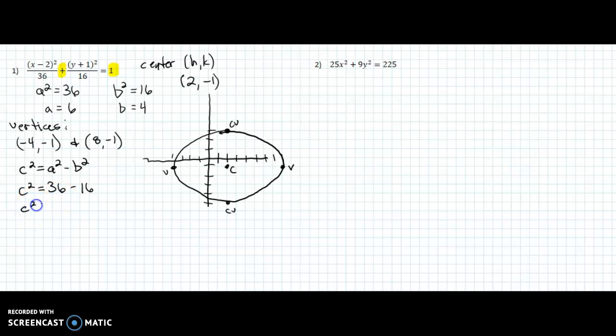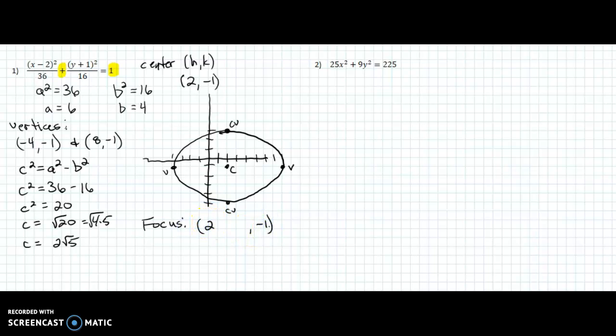So c squared is equal to 20, and then c is equal to the square root of 20, which we can simplify with 4 and 5. And we'll say c is 2 square root of 5. Okay, so that is a way to actually write your focus. So we could write the focus as we start with the center, so 2 and then -1.